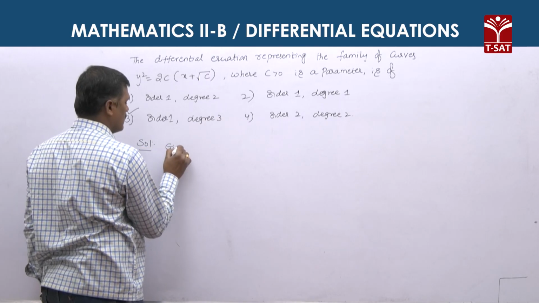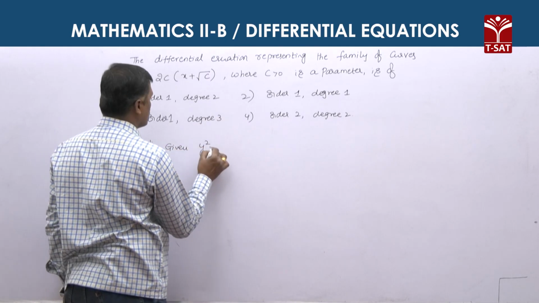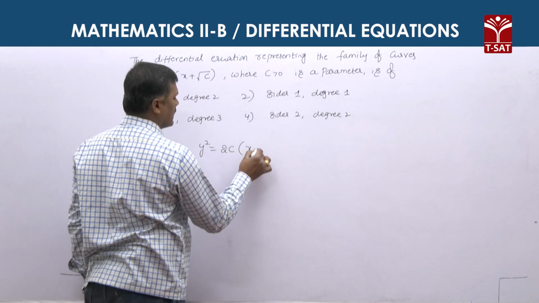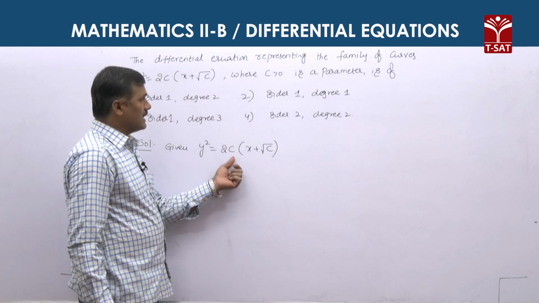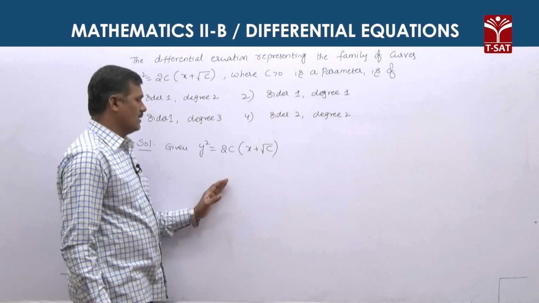Solution: given y square is equal to 2c into x plus root c. In this given equation, c is the only parameter.